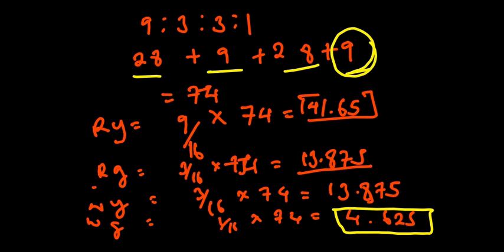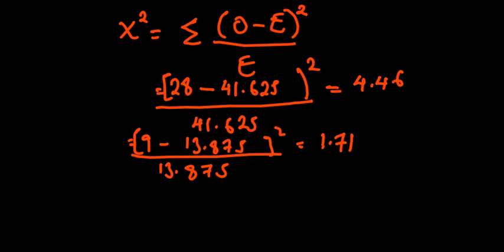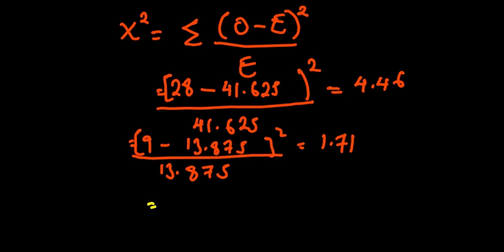Now remember that chi-square is a summation of all this. So in the end, what we do is add all those that we found: 4.46 plus 1.71 plus 14.38 plus 4.14. You're going to find 24.69.